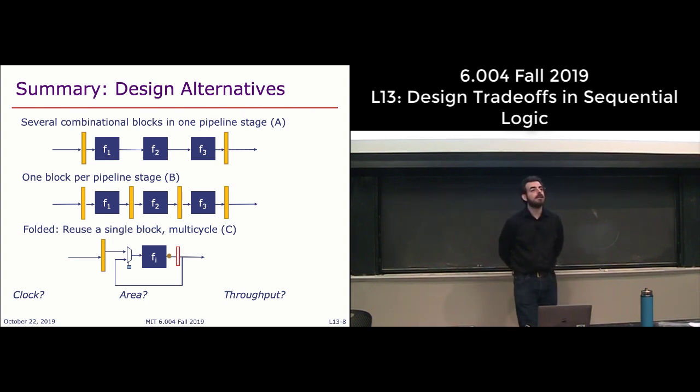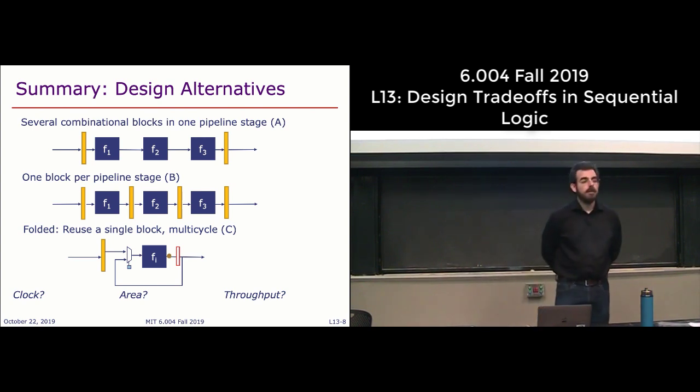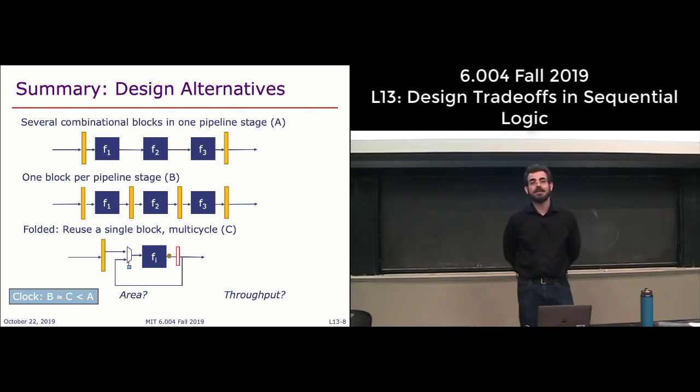So the clock cycle time, from these implementations, which design is going to have the longest clock? Which is going to be the slowest clock? The one that has all the combinational blocks in, right?